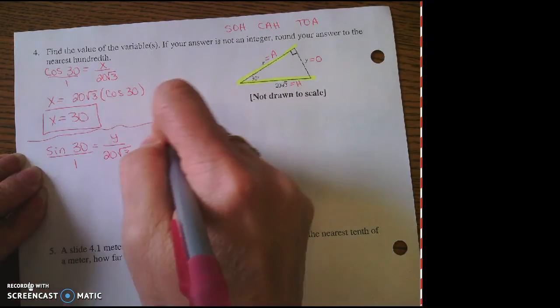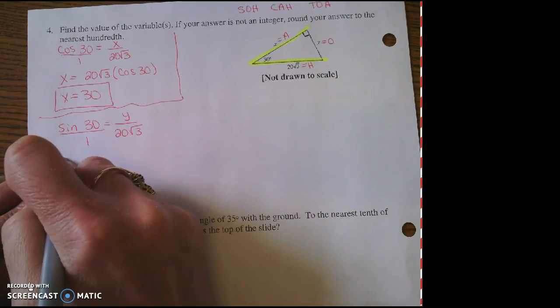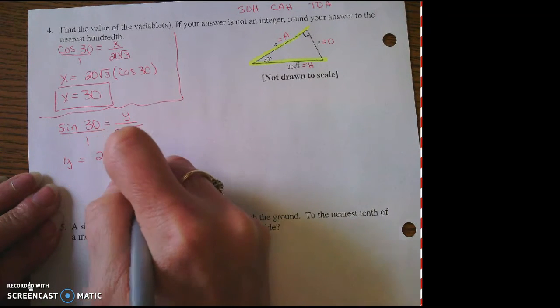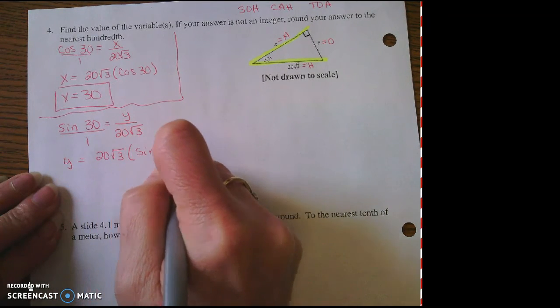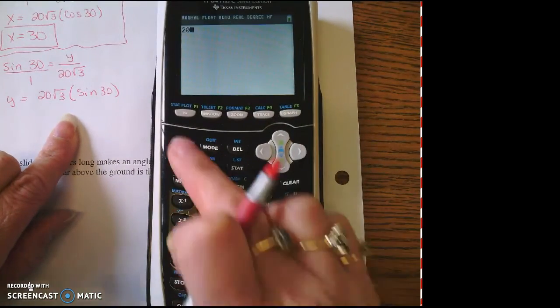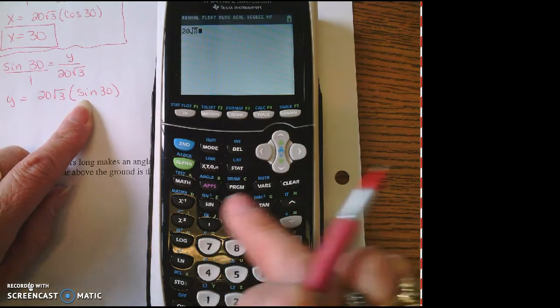Again, I'm going to solve. I'm going to turn it into a proportion, cross multiply. 1 times y is y. And then I have 20 square roots of 3 times sine of 30. All right, so again, just be careful typing that in. 20 square roots of 3. I have to move my cursor out.